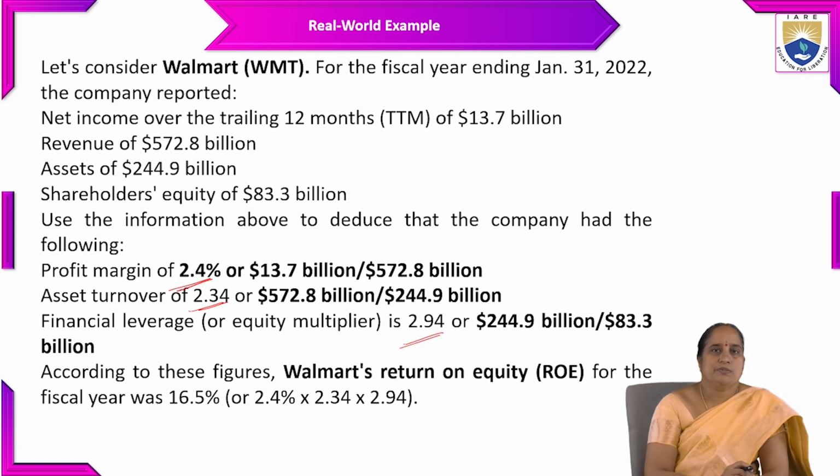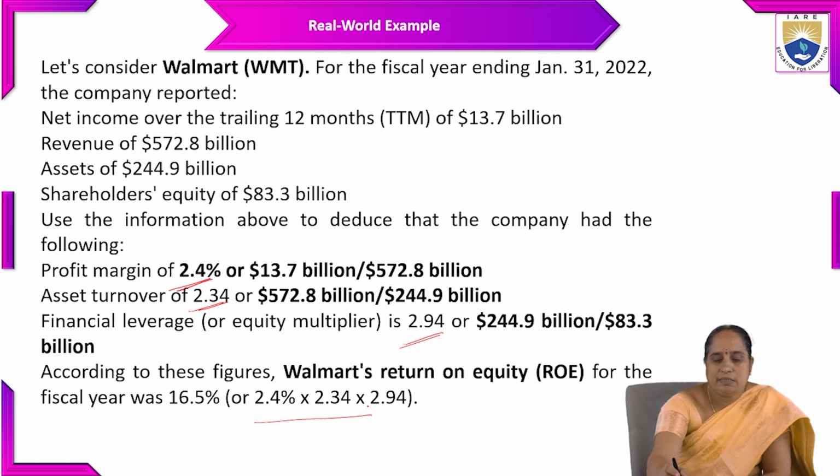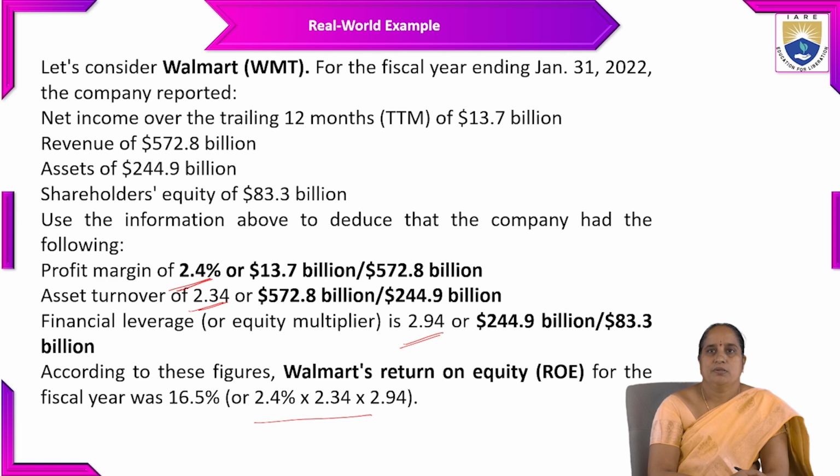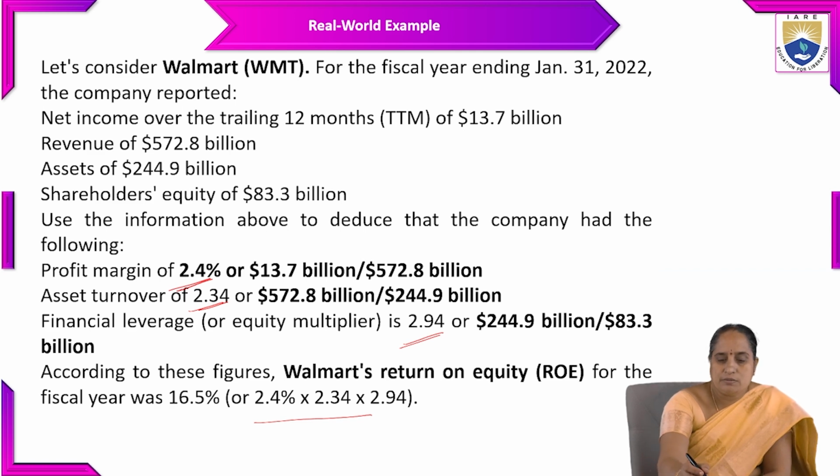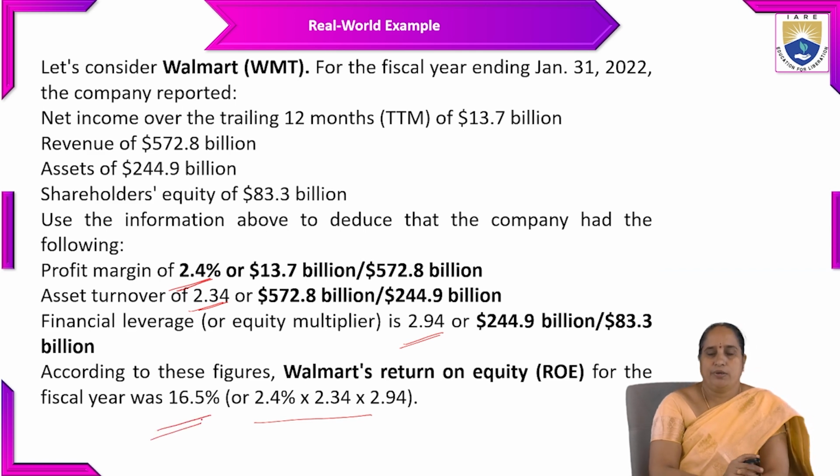So according to these figures, Walmart's return on equity for the fiscal year was 16.5%. By simply multiplying all three components, profit margin multiplied by asset turnover multiplied by financial leverage, we can find Walmart's return on equity. So it is identified that Walmart's ROE is 16.5%.